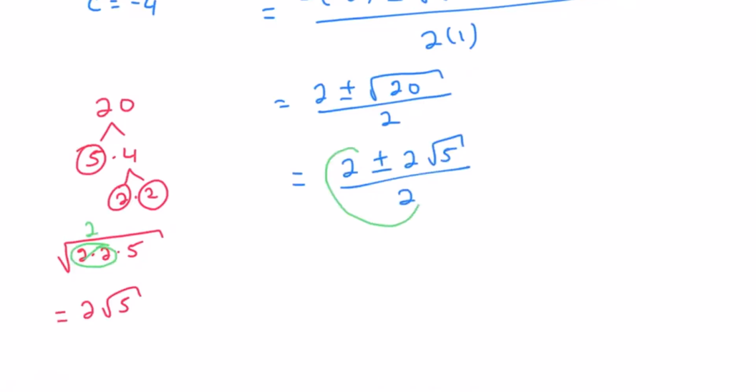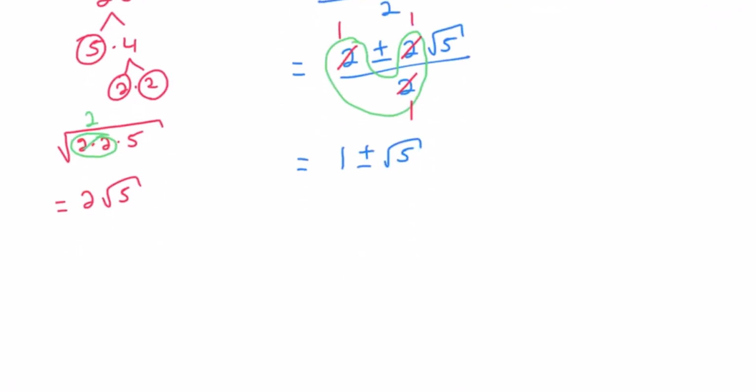Simplify all three numbers on the outside here. 2 going into all of them. So 2 going into 2 one time, 2 going into 2 one time, and 2 going into 2 one time. So we have 1 plus or minus the square root of 5 over 1, which is 1 plus or minus the square root of 5.